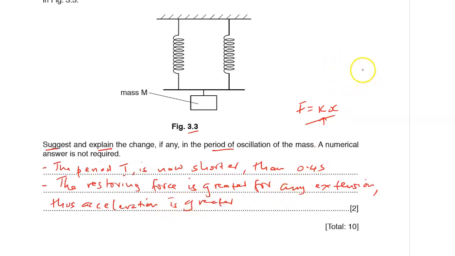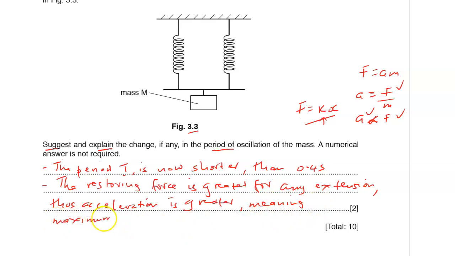Don't forget, force is equal to mass times acceleration, and therefore acceleration is equal to force over mass. Acceleration is directly proportional to force, so when force increases, acceleration increases, meaning maximum speed is higher.